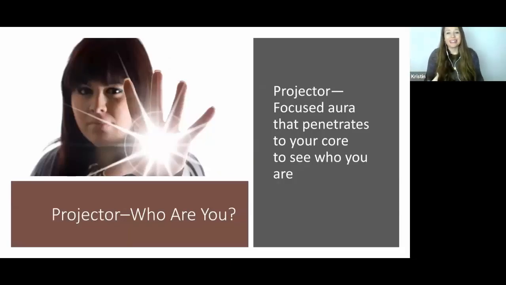The projector has this focused aura. It's penetrating, and it penetrates you to your core. It will see who you are. It taps right into your G center. It knows your identity, and it can see your potential, and it can also see where you're slacking, where you could do better, where you can make corrections, what's going really well and what's not.